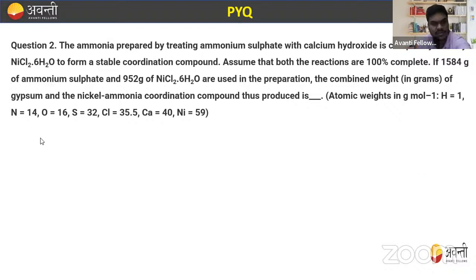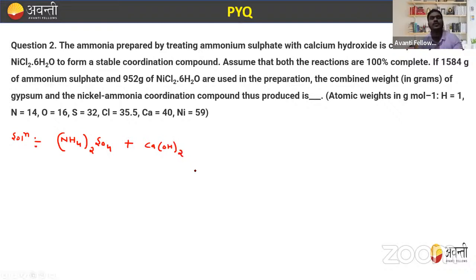So what happens when ammonium sulfate reacts? What is the formula of ammonium sulfate, beta? We know that this is ammonium sulfate, that is nothing but (NH4)2SO4, right? And this reacts with calcium hydroxide, that is Ca(OH)2.